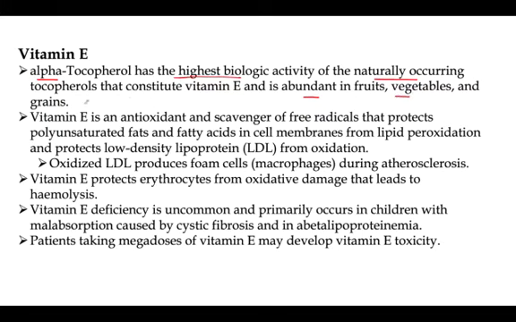Especially green leafy vegetables are a rich source of vitamin E. And the key function of vitamin E is that it is an antioxidant, as well as a scavenger of free radicals. So what vitamin E does is that it protects polyunsaturated fats and fatty acids in cell membranes from lipid peroxidation.